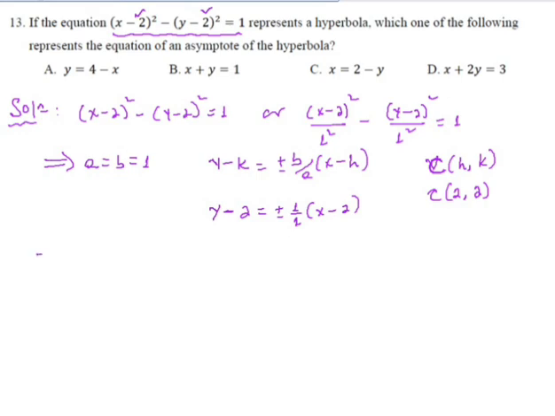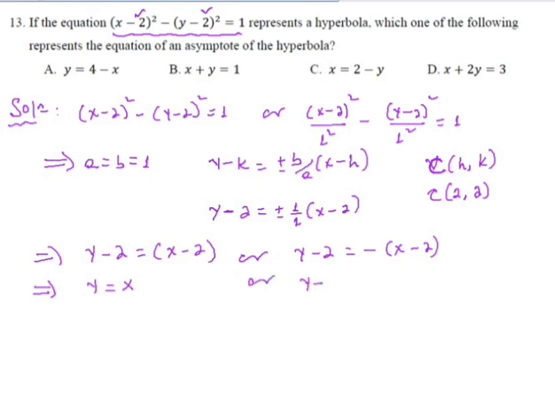So there are two possibilities. One thing is y minus 2 is equal to positive (x minus 2). The other is y minus 2 is equal to the negative of (x minus 2). So from here, y is equal to x, or from here y minus 2 is equal to minus x plus 2.